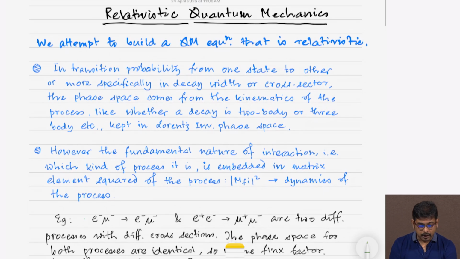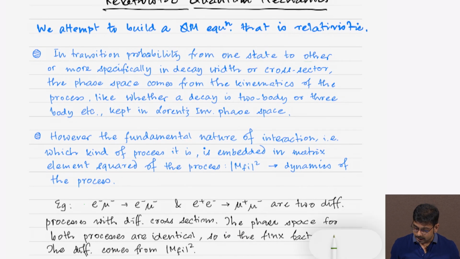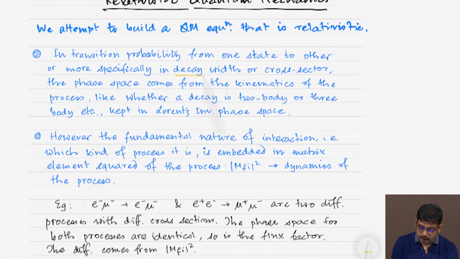In the transition probability that we constructed from one state to the other, more specifically in the decay width or the cross section expression, you remember we had essentially three things.